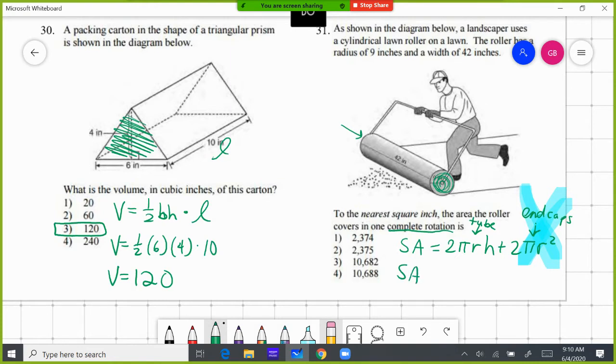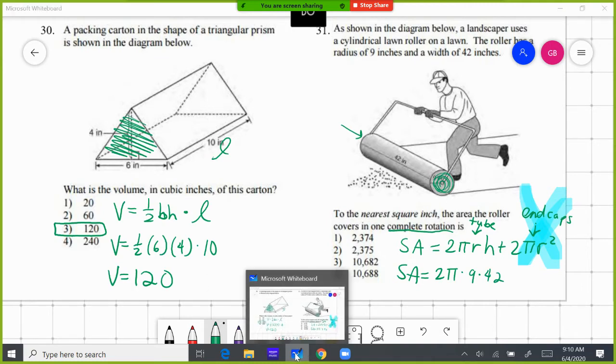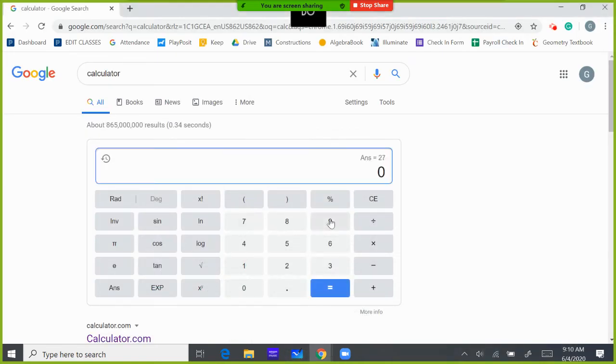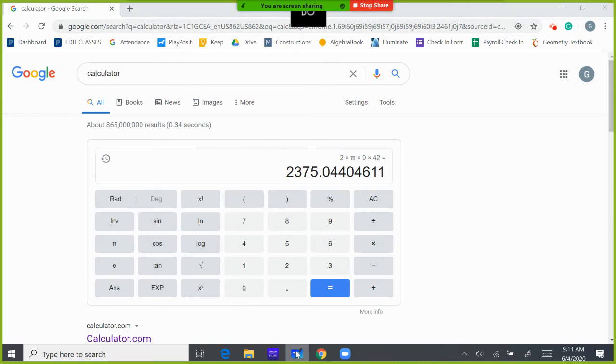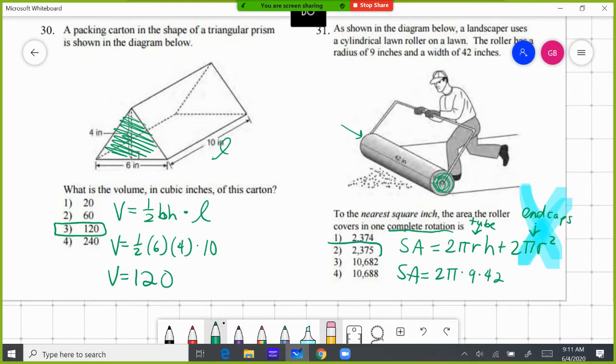So therefore for the area for this one, we're only going to use this front part. So 2 pi, the radius is 9, and then the height is 42. So 2 times pi times 9 times 42, 2375.0. So it's going to be option 2.